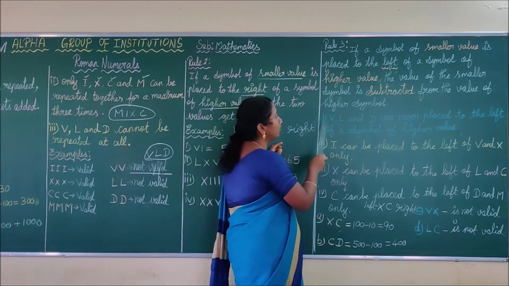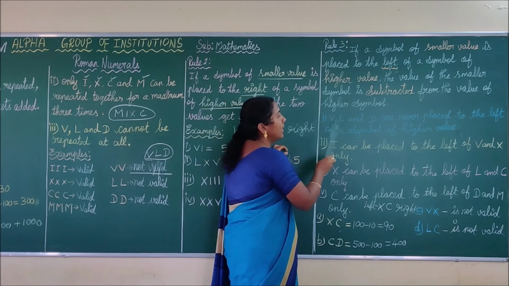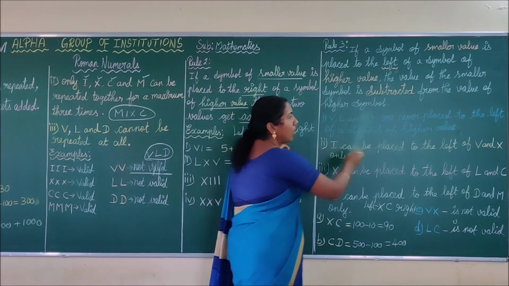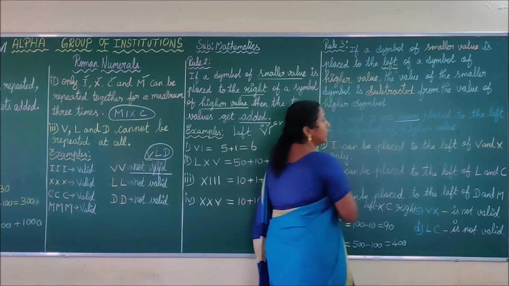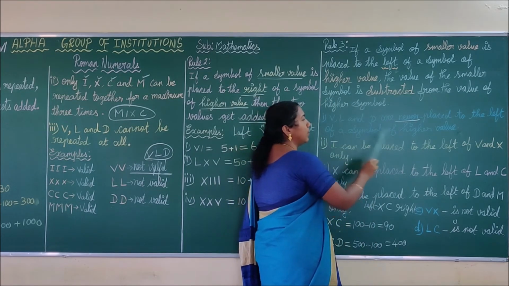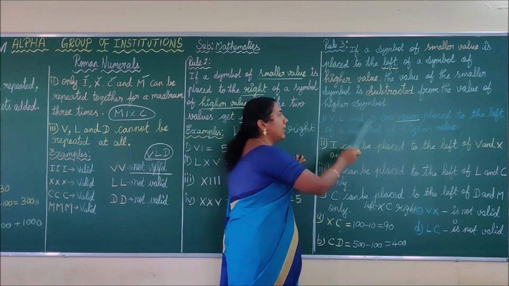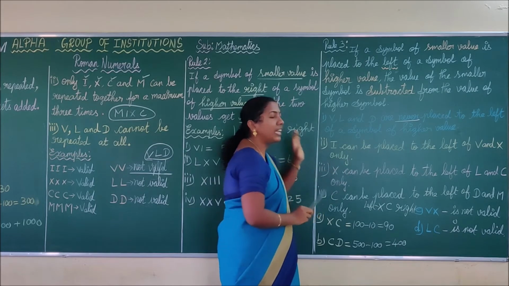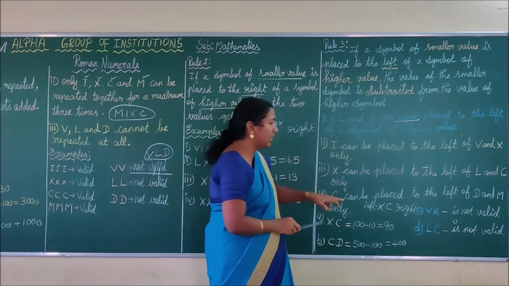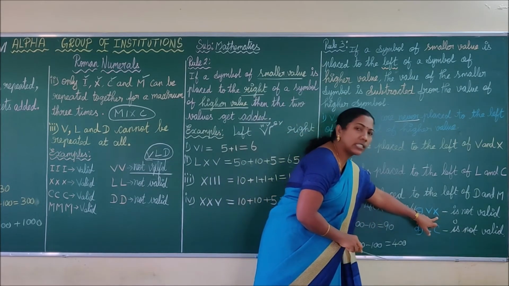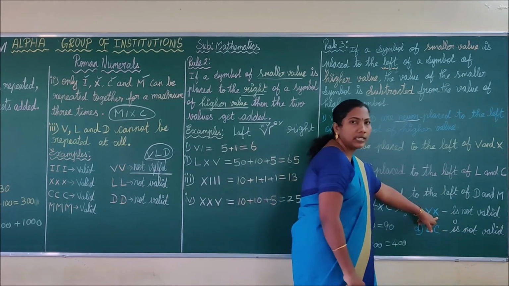See the next rule in rule 3. V, L and D are never placed to the left of a symbol of higher value. You never place V, L, D to the left of any higher value symbol. Okay, children, see here. VX. The value of X is 10.